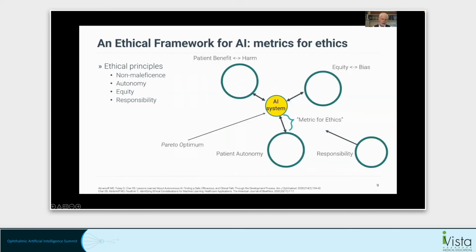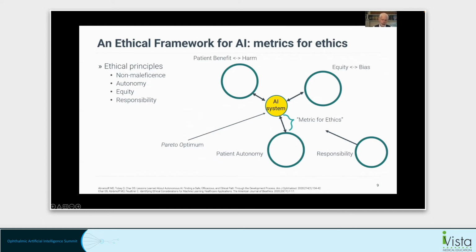So the point of this framework is not so much to put nice words onto AI, but more to allow these things to be measured in a way that an AI engineer building an AI creator, coding the software, choosing the training data can actually measure how much each ethical principle is being met: for patient benefit, for equity and bias, for responsibility, and for patient autonomy.